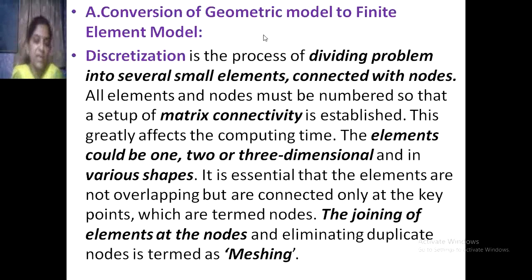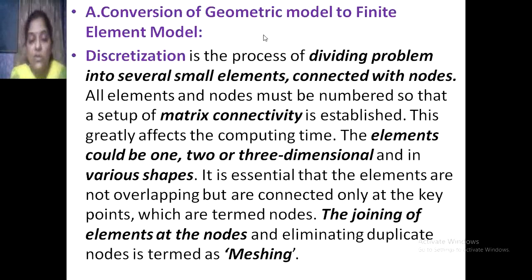All elements and nodes must be numbered so that the setup of matrix connectivity is established. This greatly affects the computing time.